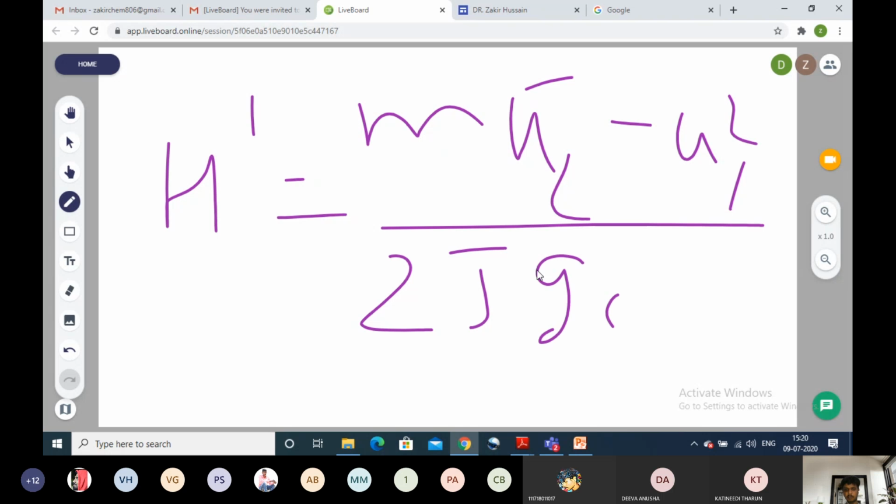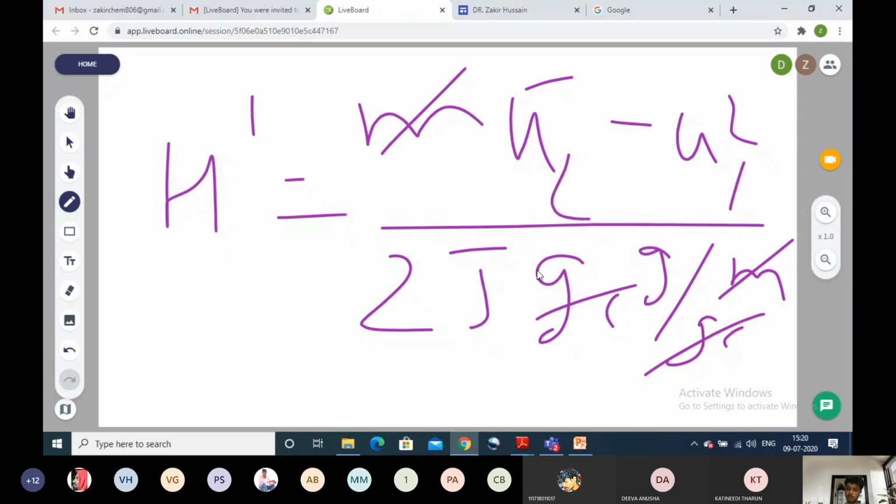This is for H, and the left out terms are G by Gc into m. So here we can cancel out m, and Gc we can cancel out. We already know from rocket propulsion that u1 is constant because the rocket is at rest. Only u2 is there.